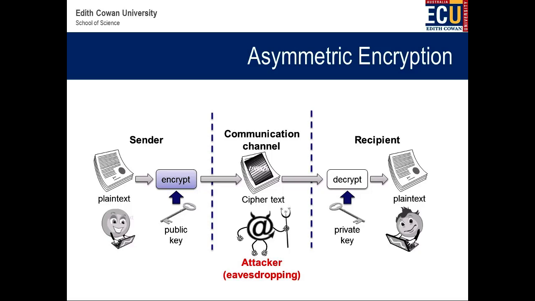Since Alice has already sent her public key to Bob, and Bob has encrypted the plain text using Alice's public key, once Alice receives the ciphertext from Bob, she will use the private key of that public key to decrypt that message.